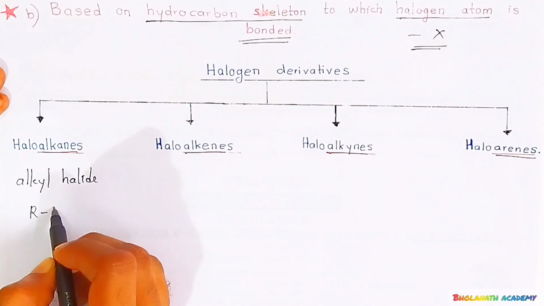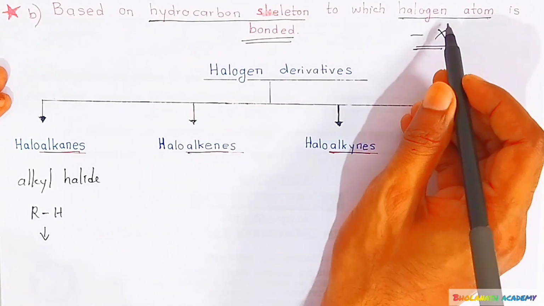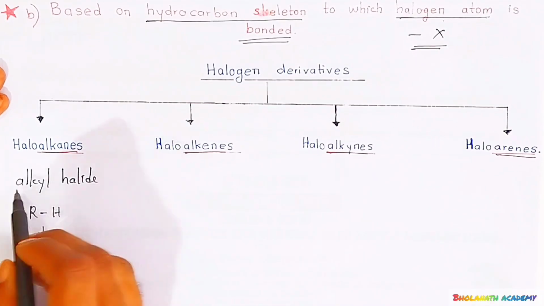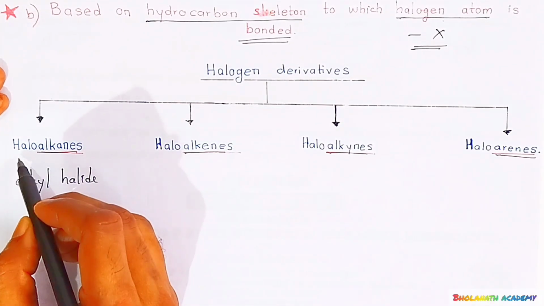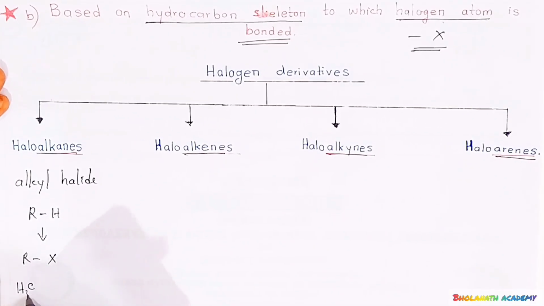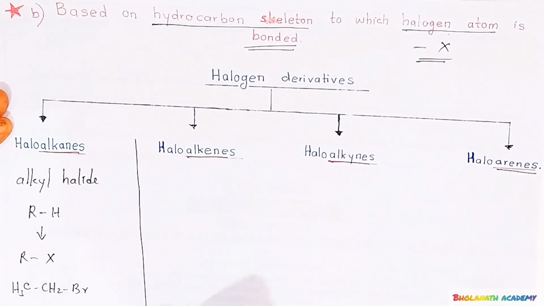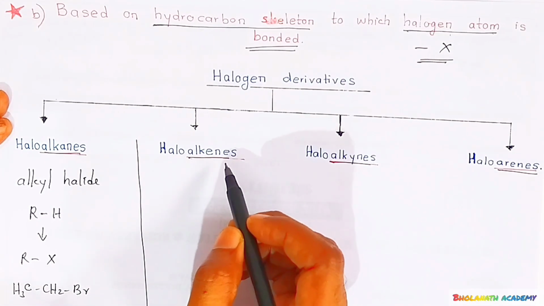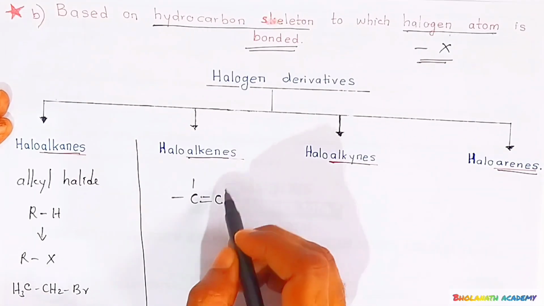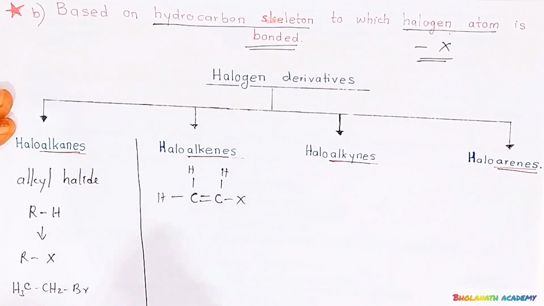If hydrogen of an alkane is replaced by a halogen atom, the compound is called an alkyl halide, or we can say haloalkane. It may be ethyl bromide. Okay students, now if halogen is attached to an alkene, the carbon-carbon double bond, the compound obtained is called a haloalkene.